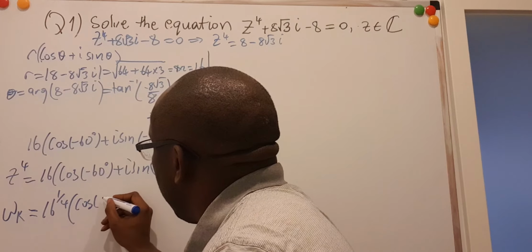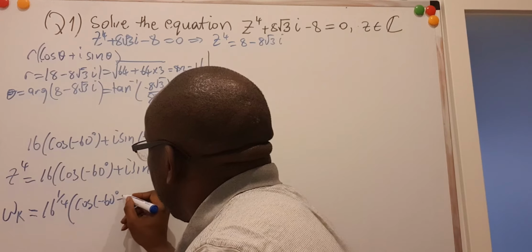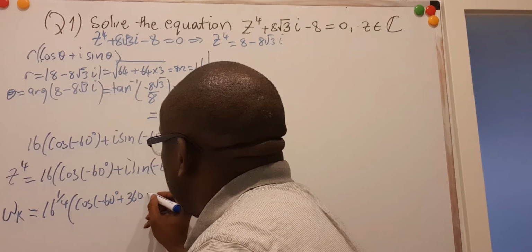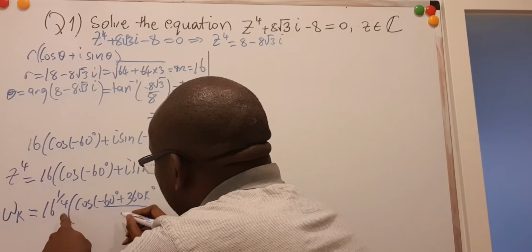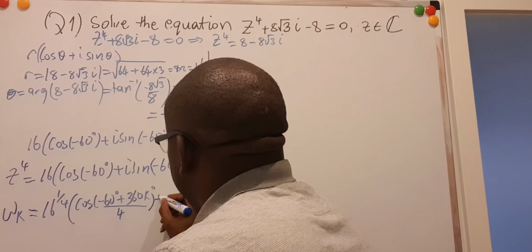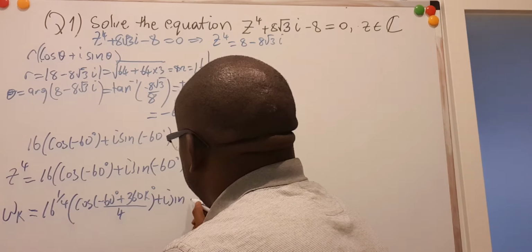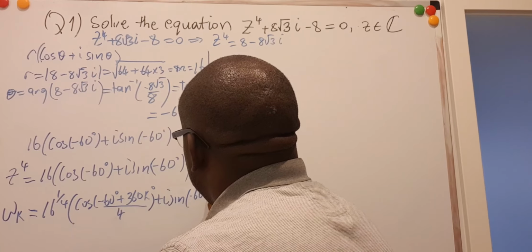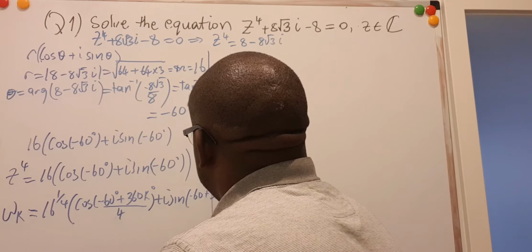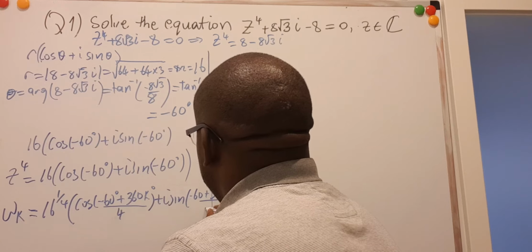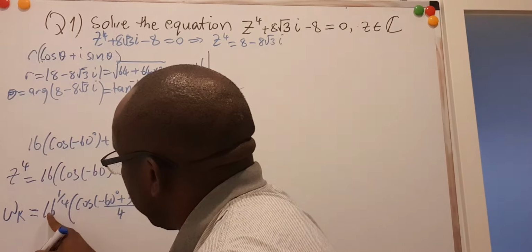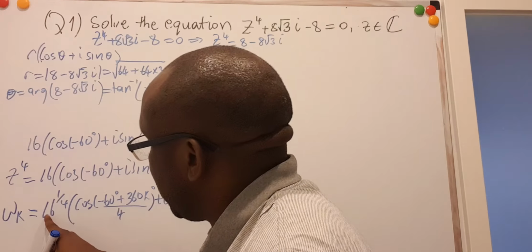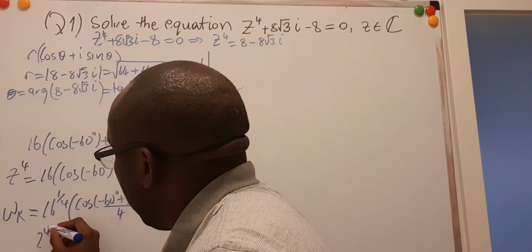This will be the cosine of minus 60 degrees plus 360k degrees divided by 4, plus i sine of minus 60 degrees plus 360k degrees divided by 4. 16 to the 1/4 is 2 because this is 2 to the power 4.